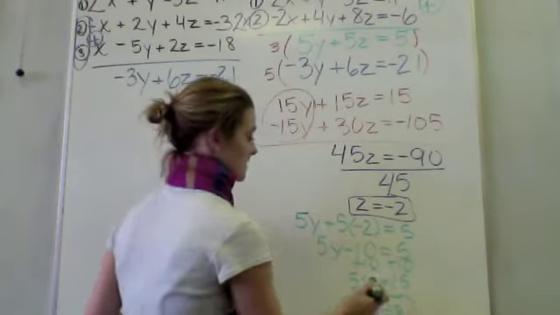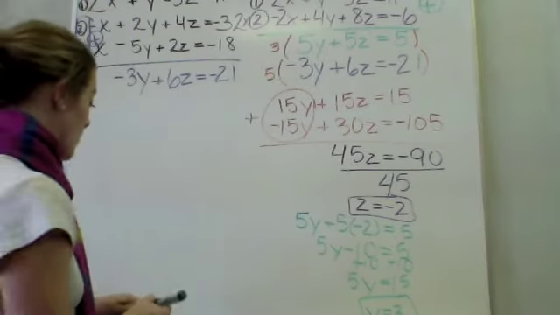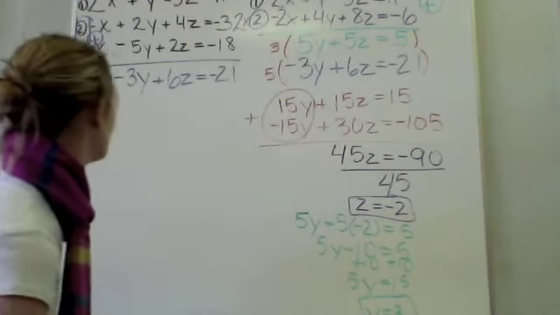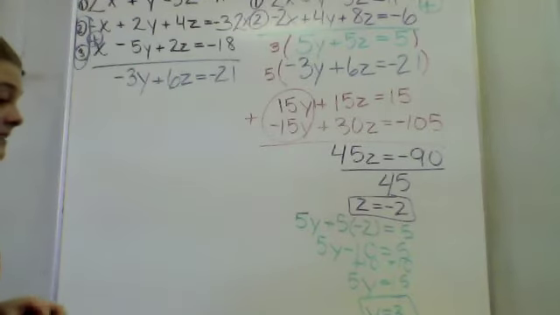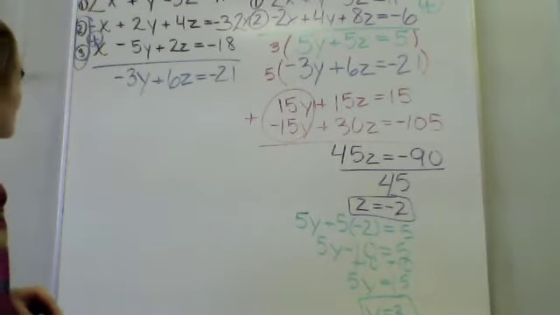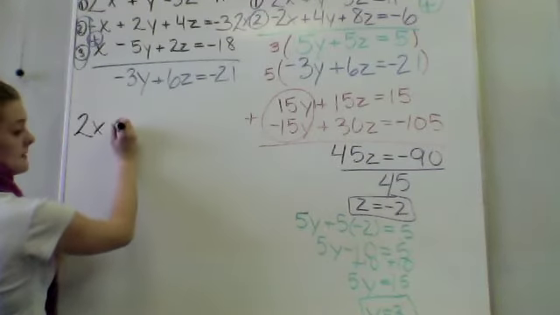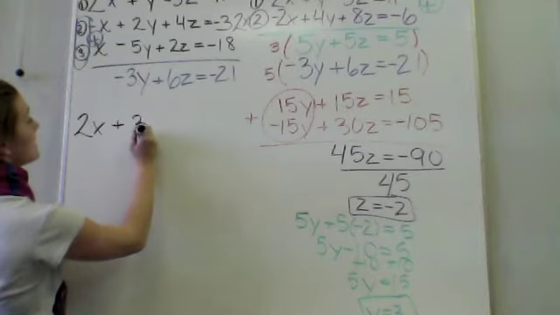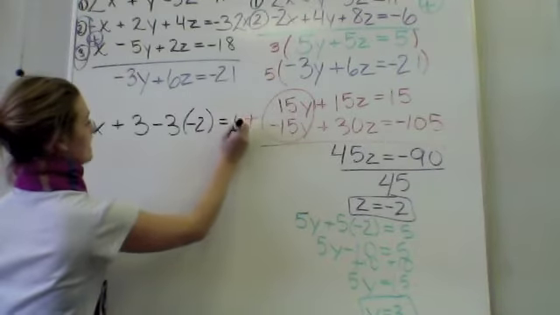The last thing I need to do is take my z and my y value and plug them in to solve for x. Let's return to the black marker. I need to plug it back into my original equation. So let's do the first one. 2x plus my y value of 3 minus 3 times my z value of negative 2 equals 11.